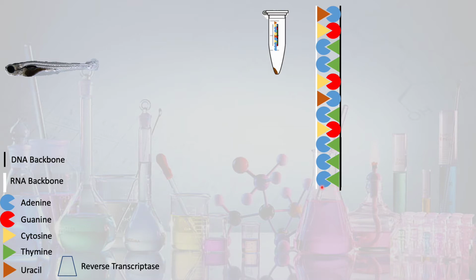In reality, there's hundreds or thousands of our mRNA floating around in our samples. So the important thing to remember is that this is a 1-to-1 copy process, right? And then we'll treat our samples with an alkali wash, which will get rid of our original mRNA. And then the only thing left in our samples is our complementary cDNA.